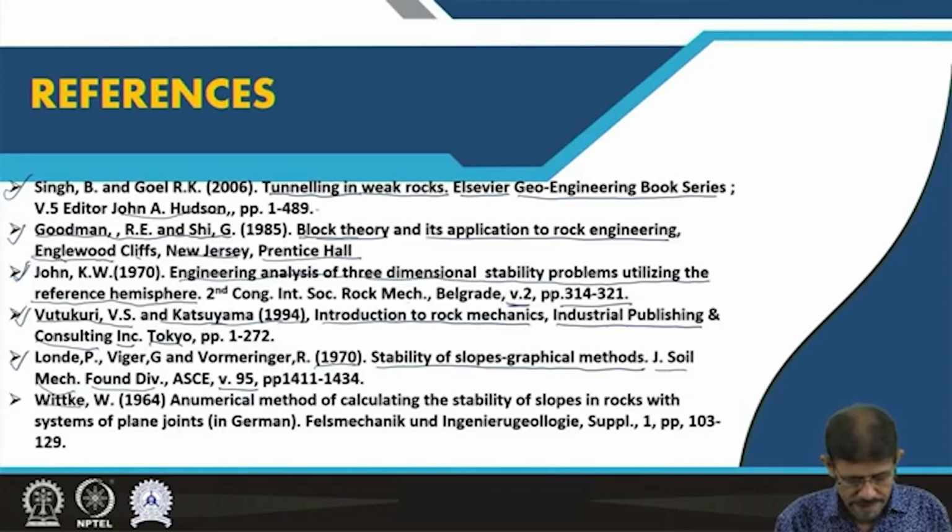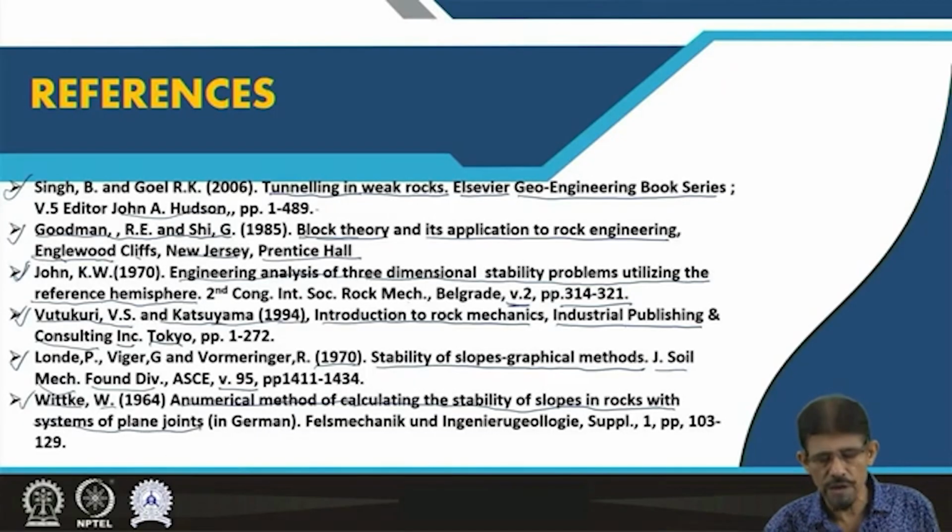Then Wittke W. 1964, a numerical method of calculating the stability of slope in rock with the system of plane slope, actually written in German and then translated into English, Felsmechanik and Engineering Geology, Supplement 1, pages 103 to 1.